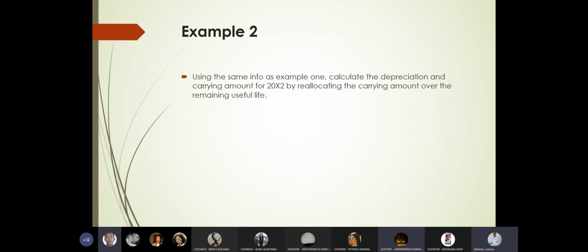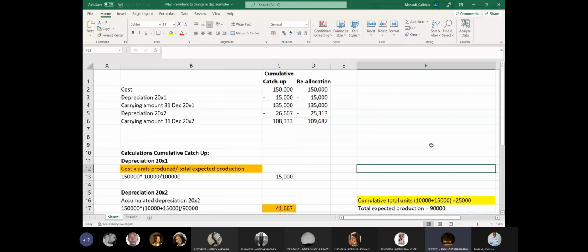Okay, I believe you all see my screen, the Excel workbook. Let me hide the information that relates to the cumulative.